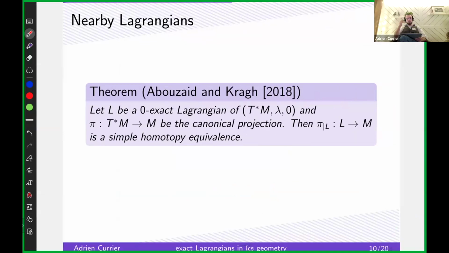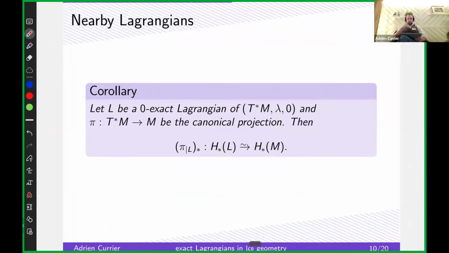For example, the Abouzeid-Kragh theorem, which states that if you have a zero exact Lagrangian in a cotangent bundle, then the projection is going to be a simple homotopy equivalence. This is also a bit complicated as a theorem to prove, so let's focus more on a corollary. If you have a zero exact Lagrangian, then the canonical projection is going to be an equivalence in homology.